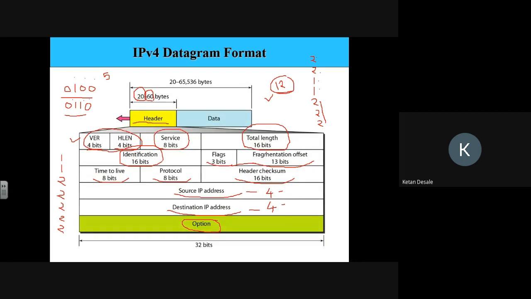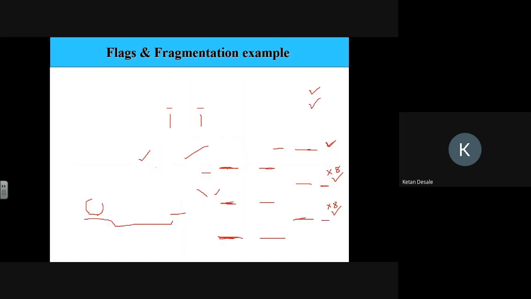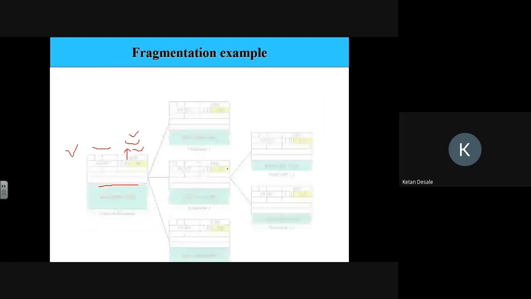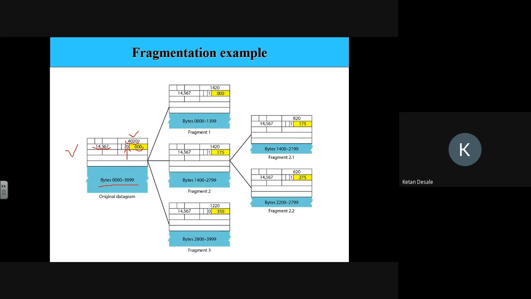Before the fragmentation offset you have the flags. This flag is very important, and from it you come to know whether this packet is fragmented or not. Actually it should be 1, but by mistake it is written 0.